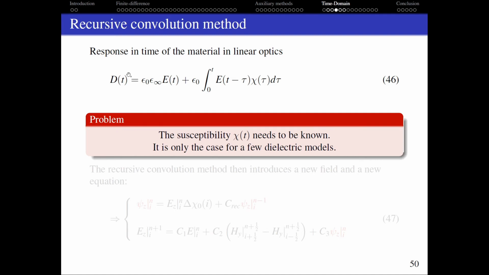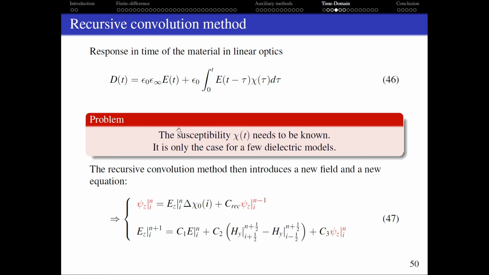Okay, so let's say this works, and we discretize this in time, and that means that as far as the FDTD is concerned, we are going to have a new equation that is going to describe the material alone, and we are going to have new terms in the FDTD update equations that are going to be related to the method. So this is one way to do it.